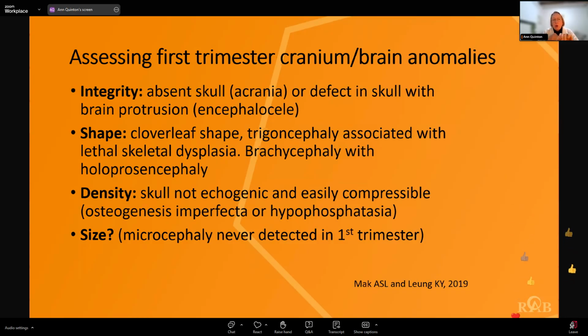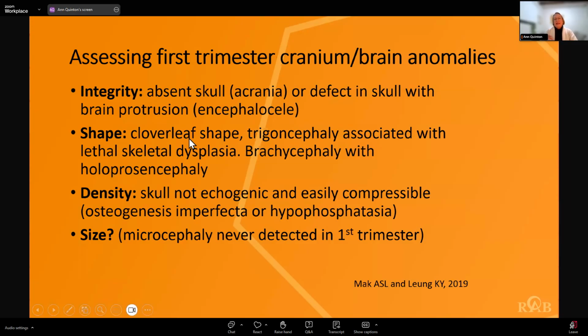So we will never be able to detect microcephaly in the first trimester, so we won't talk about size anymore. But what we're really interested in is the integrity of the skull. So if it's absent, you can get acrania, or if there is a defect in the skull with brain protrusion, that's an encephalocele. We can look at the shape.